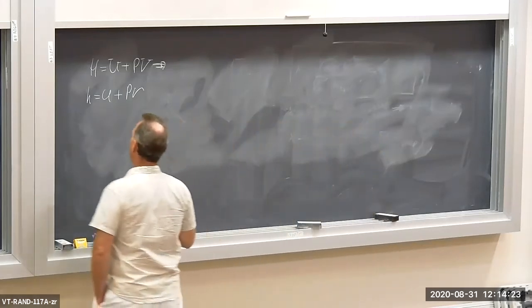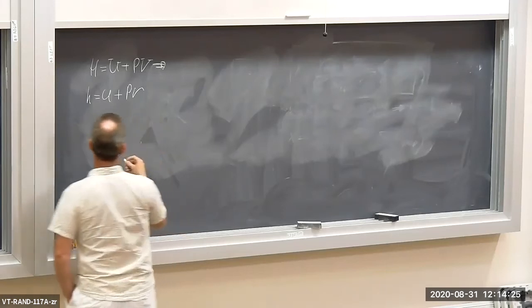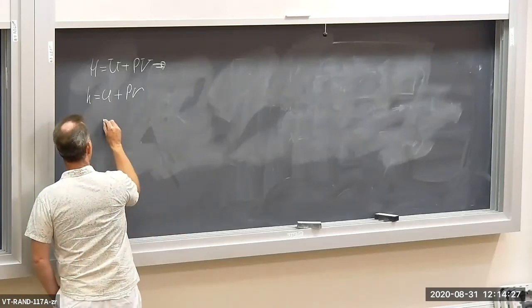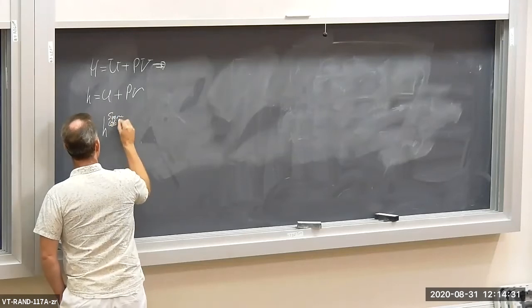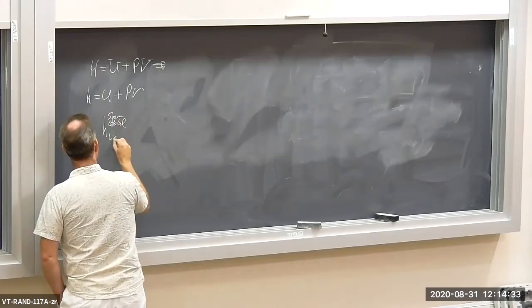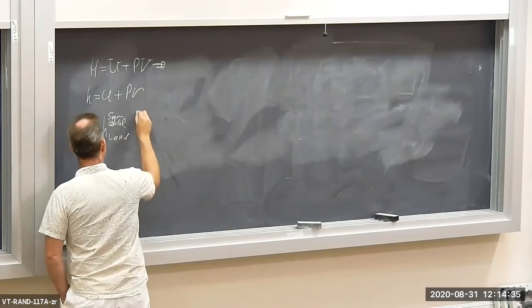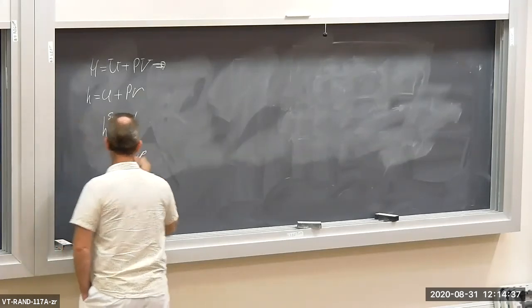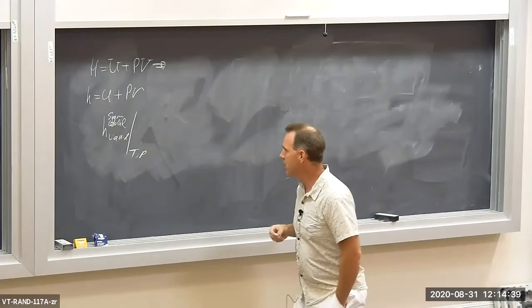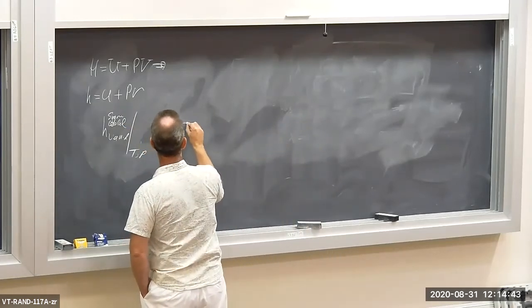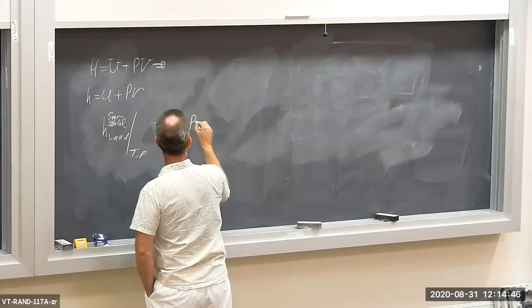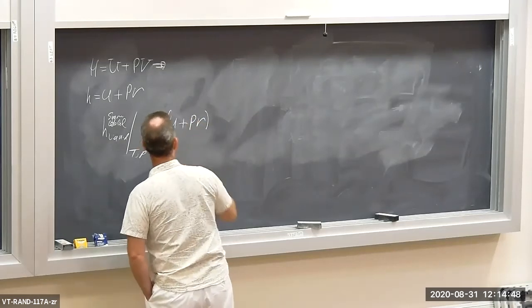So let's figure out how we get h for a supercooled liquid. Well, h for a supercooled liquid, evaluated at some temperature and pressure. How are we going to approximate it? Let me write out what enthalpy is again. So that's internal energy, specific internal energy, plus pressure times specific volume.